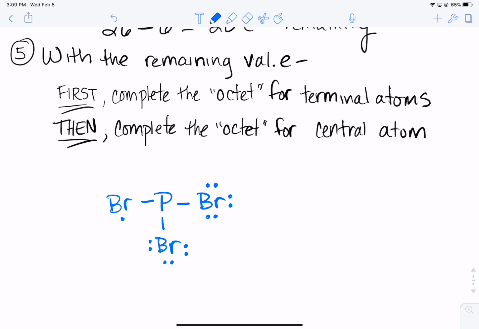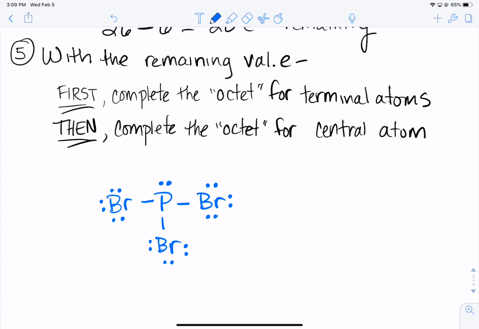Then I'm at 14, 16, 18. I have distributed 18 of my 20 leftover electrons. So it tells me first complete octet for terminal atoms. Cool. Each of those bromines now has 8. Then complete the octet for the central atom, and I've got 2 more, 19 and 20.